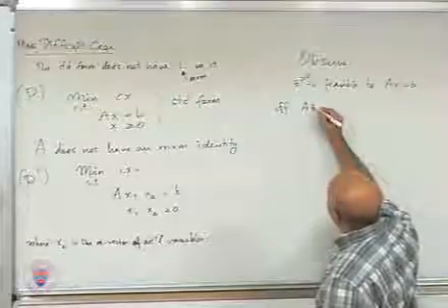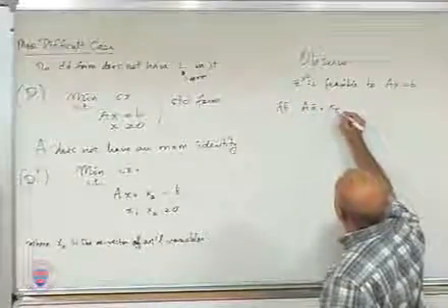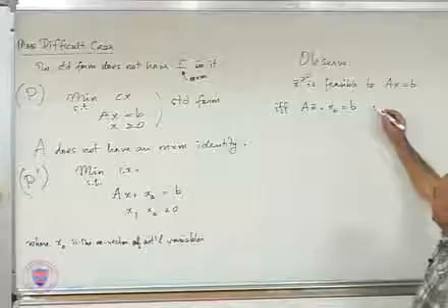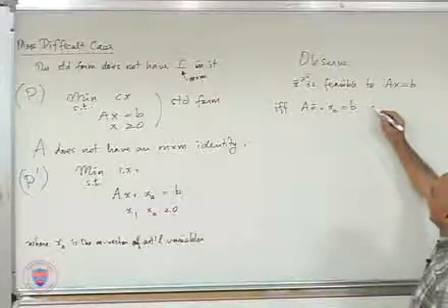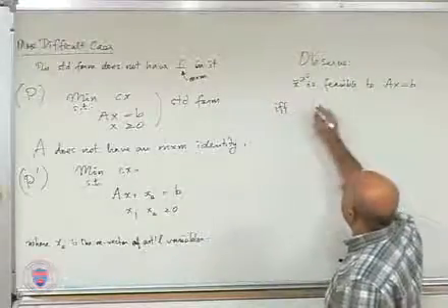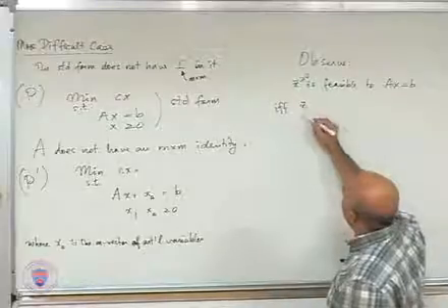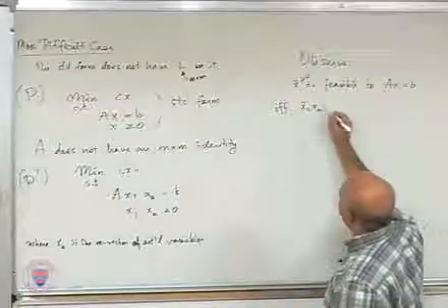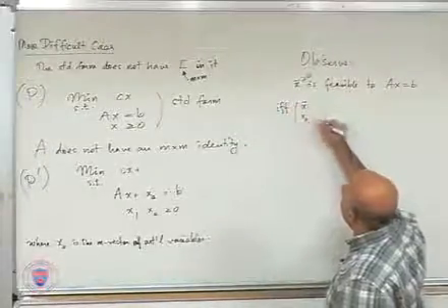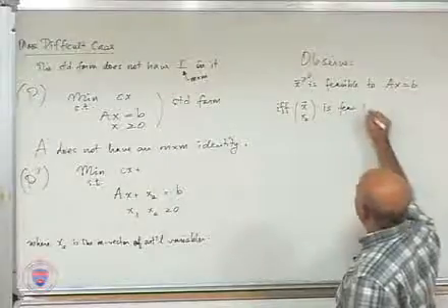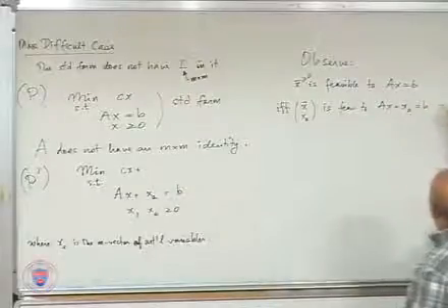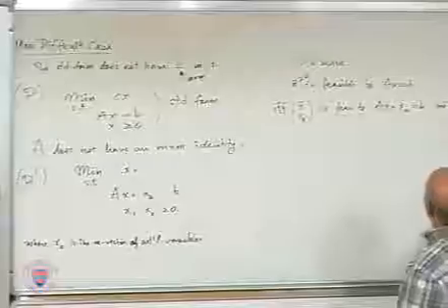If and only if X bar and XA is feasible to AX plus XA equals B with XA equals 0.